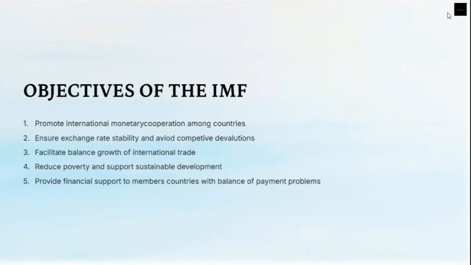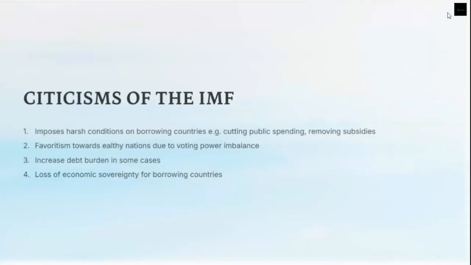Now let's also talk about how they provide financial support to member countries with balance of payments problems. If a country is facing a financial problem, they support. It's okay, we are lending you this. When you have, you pay back. So this is the objective of the IMF.